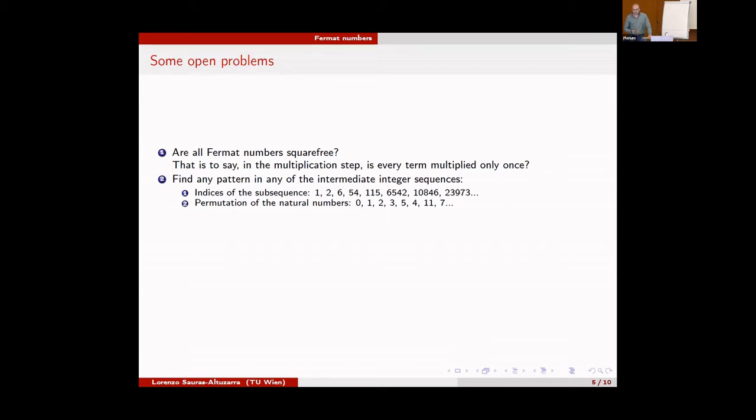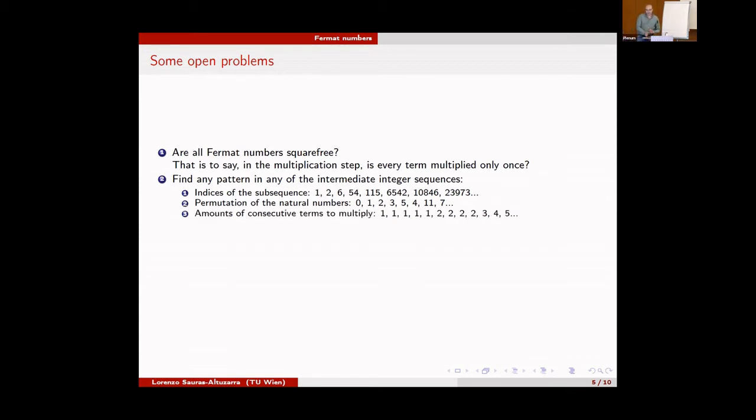The next one is the permutation of the natural numbers that, as I told you, the first 4 values are kept in their place, but after that moment, they start to move. And yes, maybe, for example, you could ask yourself what are fixed points or cycles or these kind of things.